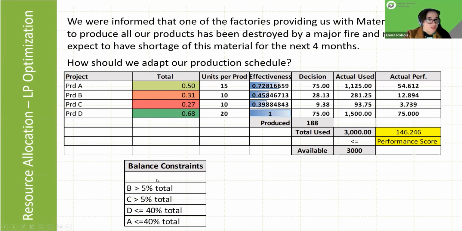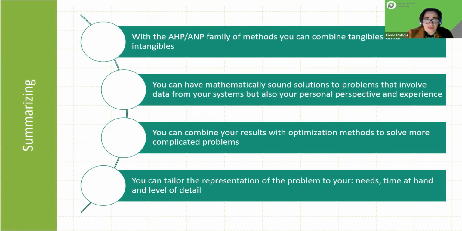Similarly, we wanted to make sure that we will have some units of products B and C, so we said you cannot go less than 5% for products B and C. And setting this up as an optimization, you end up finding out how many units of each product you should use in order to optimize the situation at the production level.